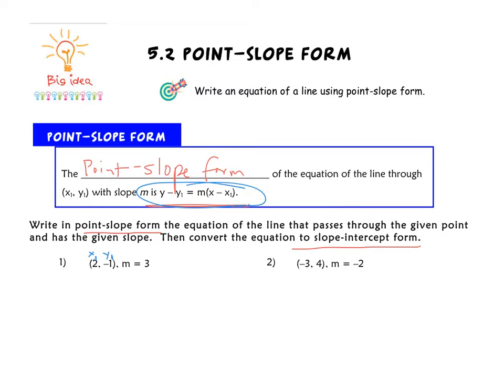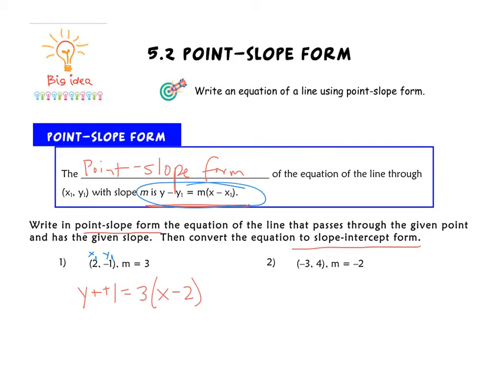So I am going to do y minus a negative 1, which is the same thing as plus 1, equal to m, which is 3, times (x minus 2).